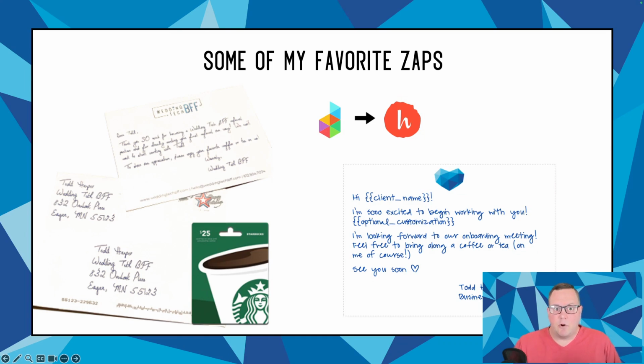I send these to my referral partners anytime they meet a certain threshold of referrals, and I send them to clients who make a payment above a certain threshold. So if a client is making a $1,000 payment instead of a $50 payment, I'll send them a nice Starbucks card with a handwritten note. I don't touch this. Zapier just does it for me the moment they book. So this is one of the ones I'll show you in the presentation.